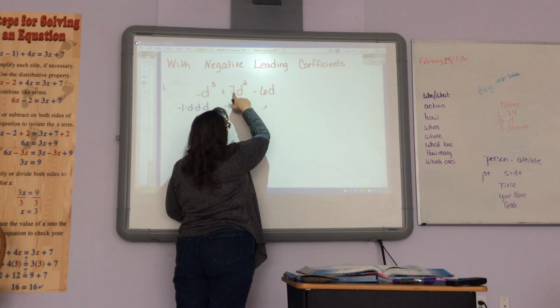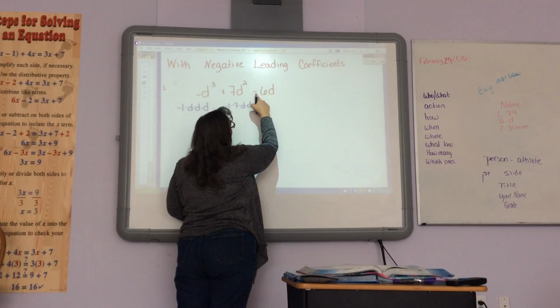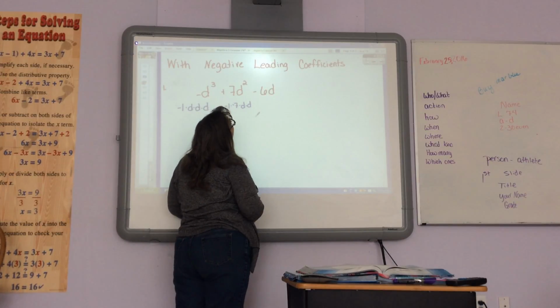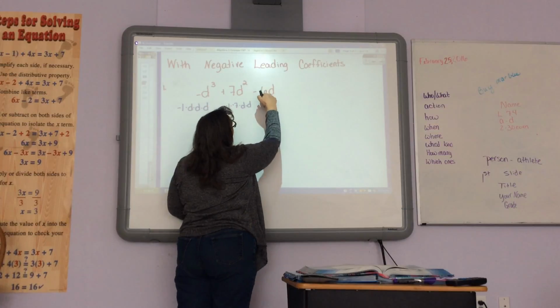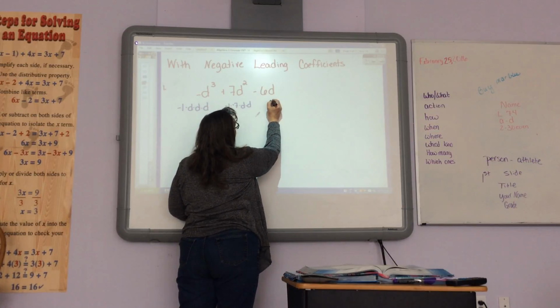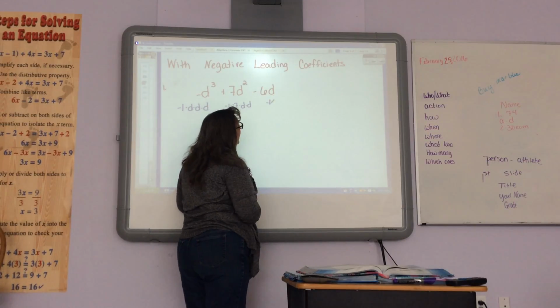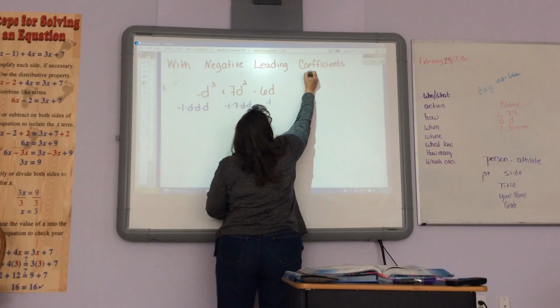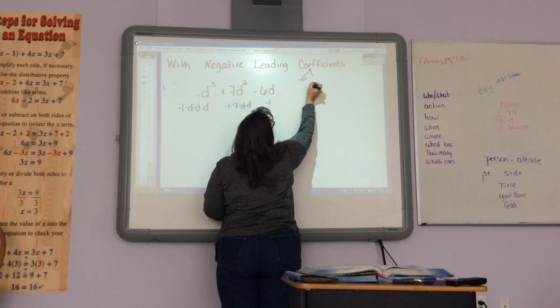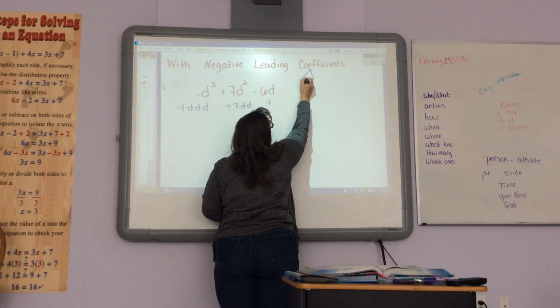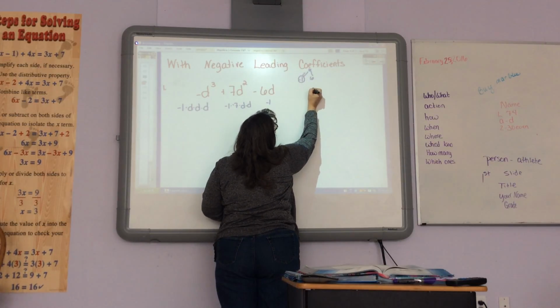So I dealt with this as a positive 7. I'll look at this as being a positive 6. So if I'm going to factor out a negative 1, if I say negative 1 times a positive 6, so I have the negative 1, and then 6 would be 2 times 3.